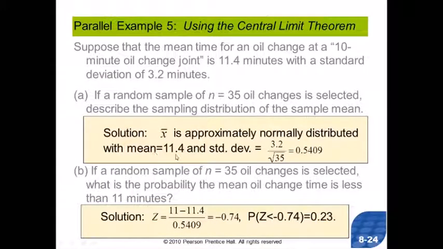The mean of the sample means is equal to our population mean here, and the standard error of the mean is the standard deviation divided by the square root of the sample size. Then substituting these figures to our new formula, z is negative 0.74, and the probability that the mean oil change time is less than 11 is 0.23.